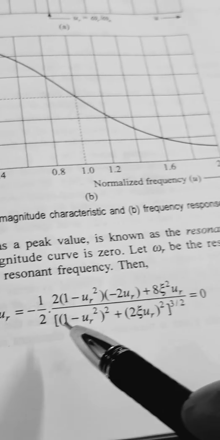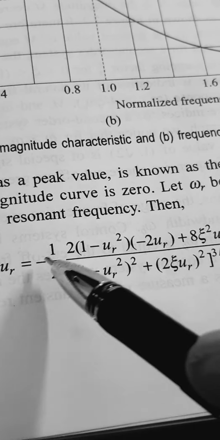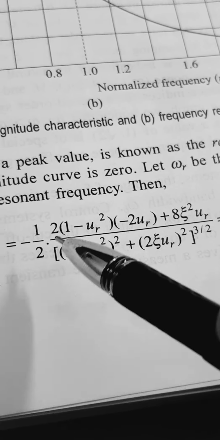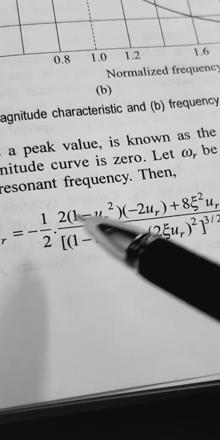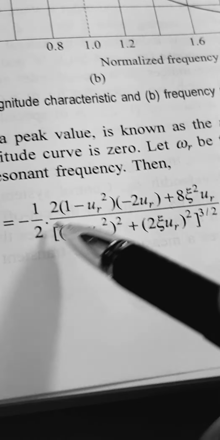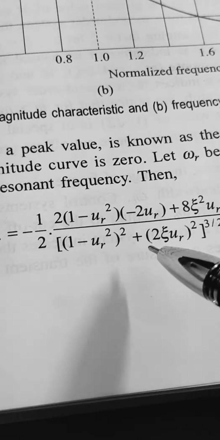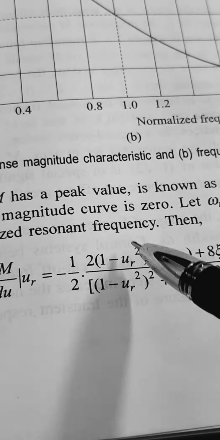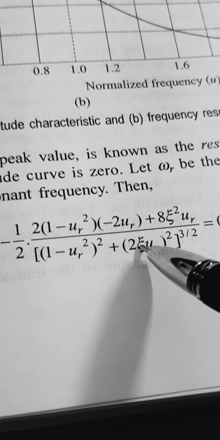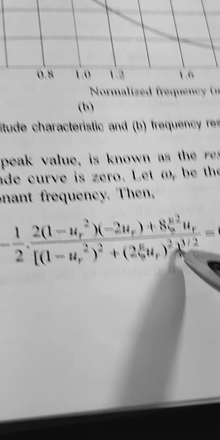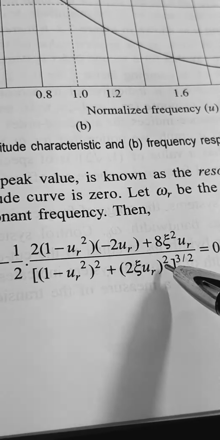minus 1 by 2 times the denominator terms, 2 into (1 minus u r square) times the differential of this term, that is minus 2 u r, plus this one, 8 xi square u r.